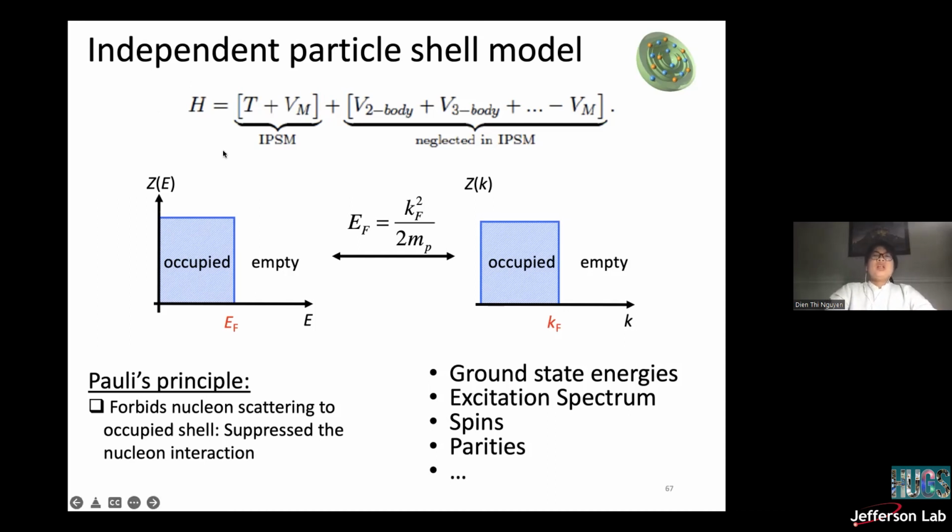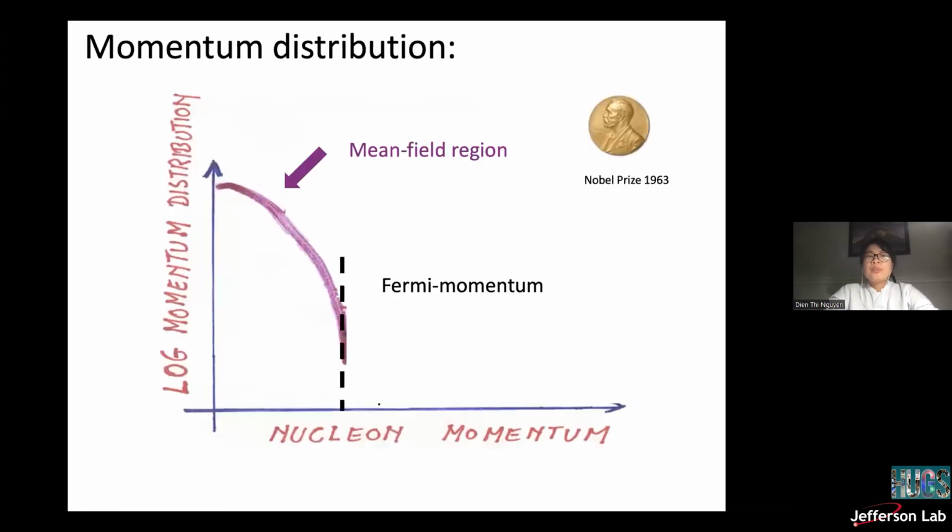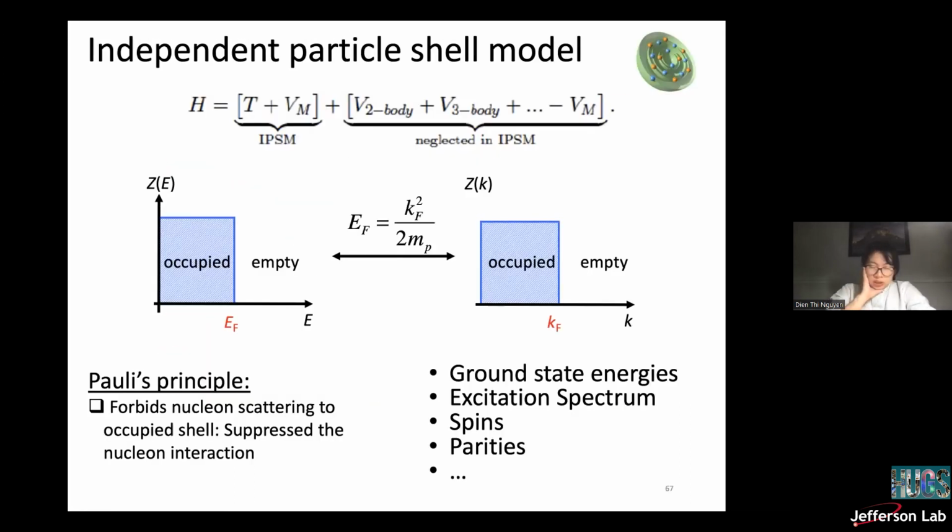Yes. So here we have the mean field, the potential they use in this independent particle shell model. And the question you may ask is that this is very much at the nucleon level, like Alex just said. The nucleus is a very dense system with very strong interaction. So how come this independent shell model would work, if we assume there is no interaction at short distance?